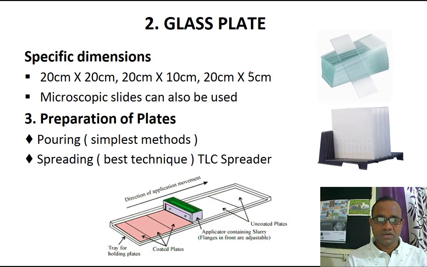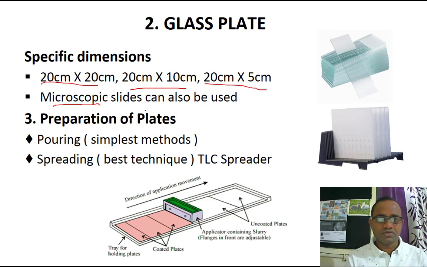The glass plate is another important area. Mostly plastic or glass materials are used, of particular dimensions. We can use any different dimensions, depending on the availability of the chambers or the samples, right? Sometimes we can use a microscopic slide also, for small and effortless separation.